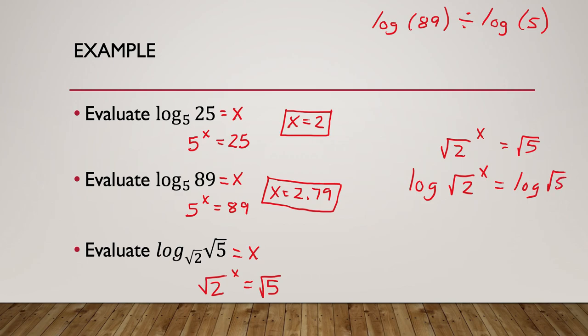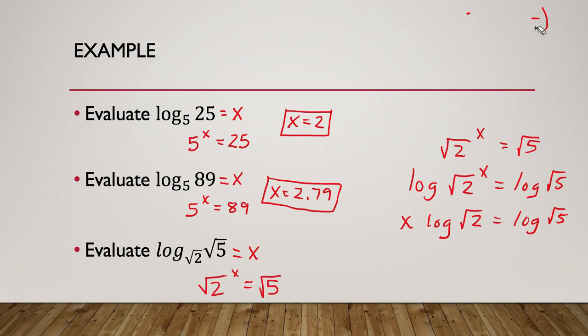Step 2 is to bring your exponent to the front, so the x comes down to the front on the left-hand side. And then the third step is to divide, to solve for x. So we divide both sides by log square root of 2.